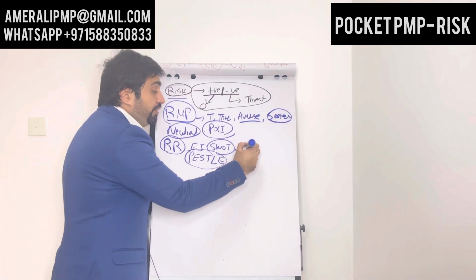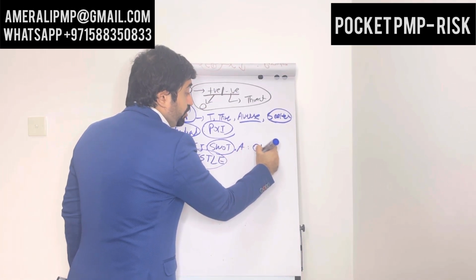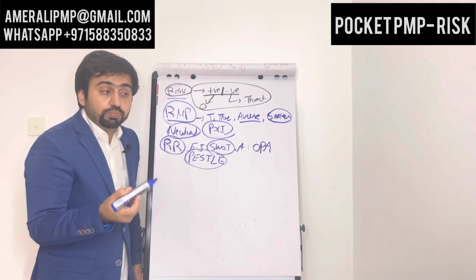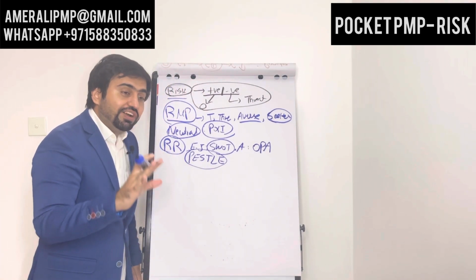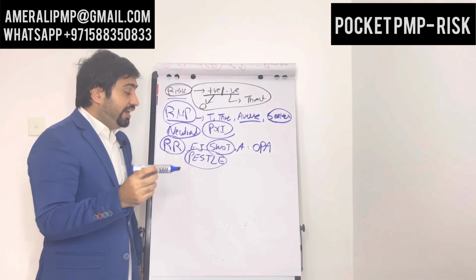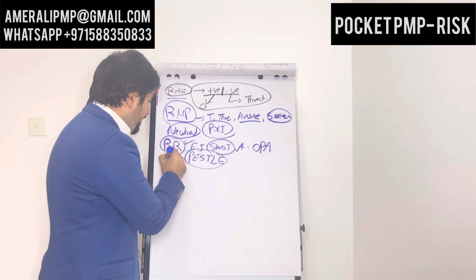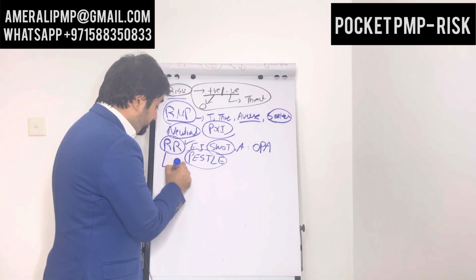We utilize previous organizational process assets and the previous lessons learned register. We have focus groups and brainstorming. Whatever you do, try to identify as many risks as possible in your organization and put them into the risk register.